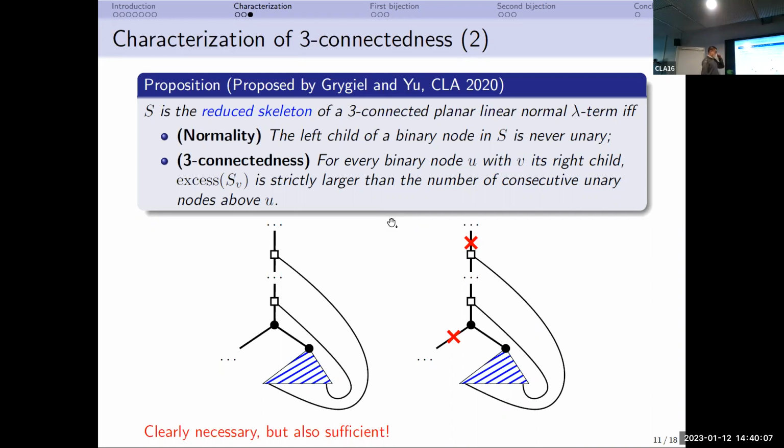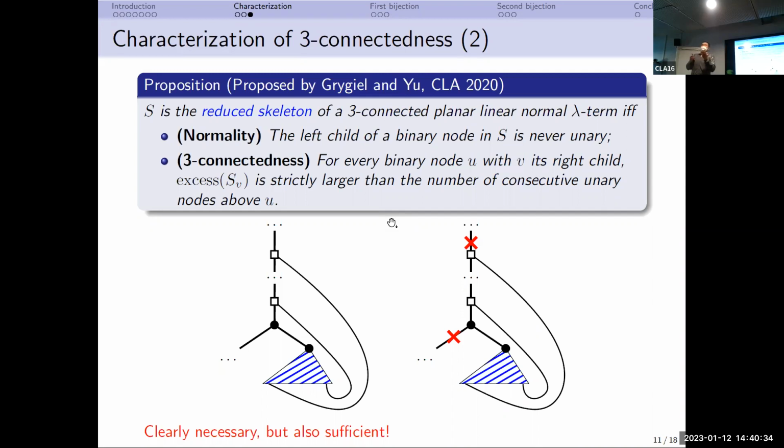Why? Because if it is not strictly larger, it means that all the free variables, by planarity, will get consumed by this chain of unary nodes. And in this case, we just cut the edge just above the consumed chain, and we cut the edge to the left of the node U. Then we disconnect this part.